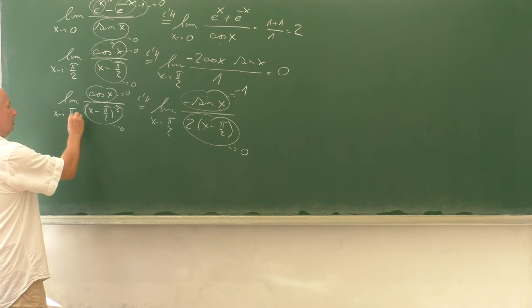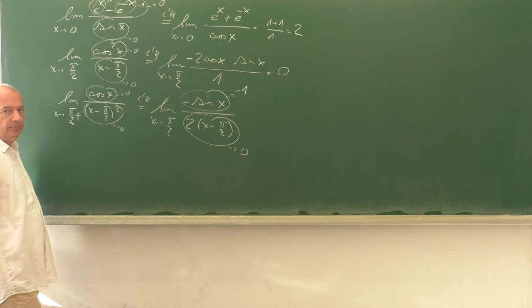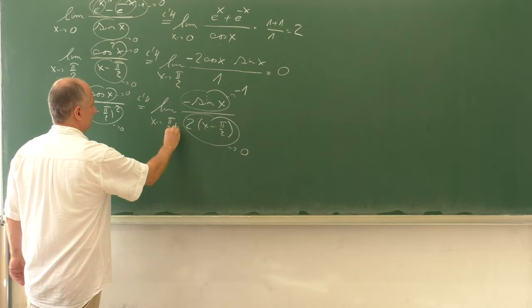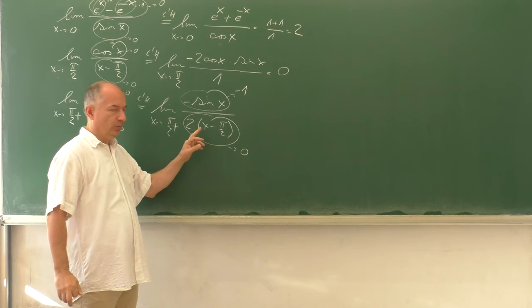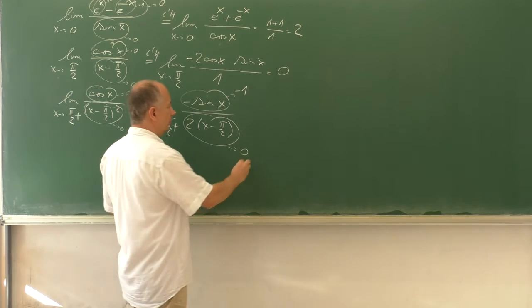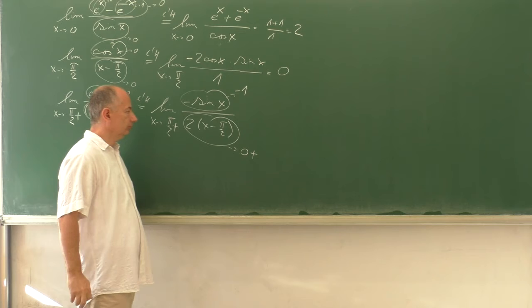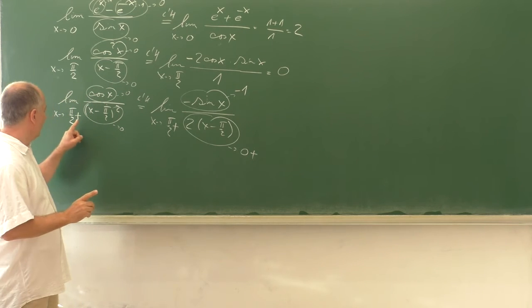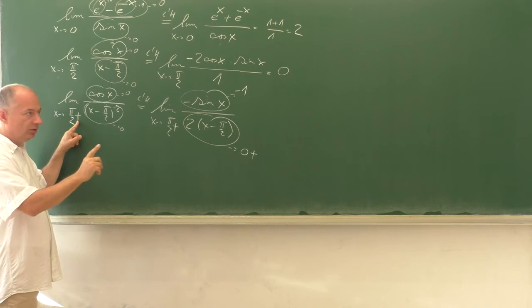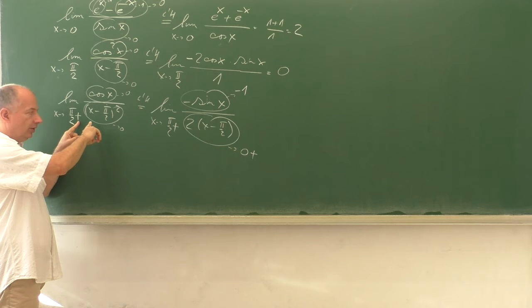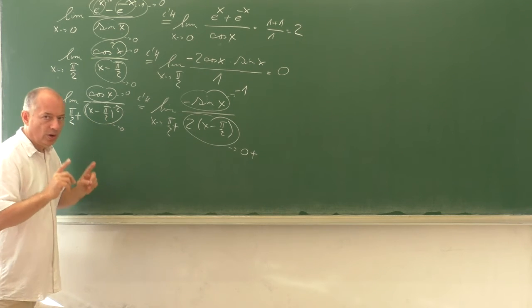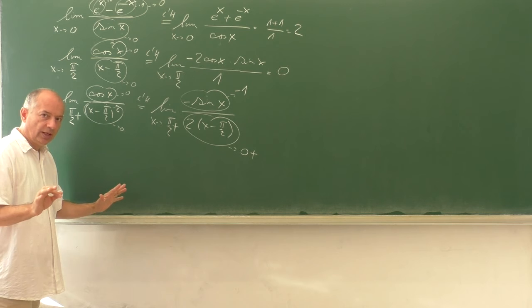Namely, if x goes to pi half from the right, then x is slightly more than pi half, and this goes to 0 from the right. Note that by adding this plus, we have changed the definition of the problem. This is a different case than it was before. Now we compute the one-sided limit, which is a different problem.